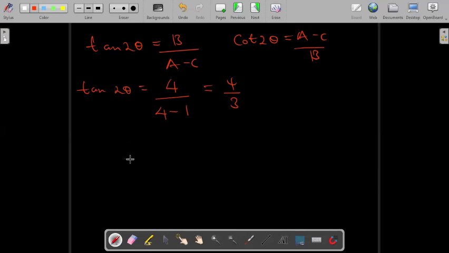But this is going to be useful. How? If I draw my right angle triangle like this, and I say I have an angle here, and this angle is 2 theta. If this angle is 2 theta, what is my tan? My tan is opposite over adjacent. So my opposite is going to be here, 4, and my adjacent is going to be there, 3.